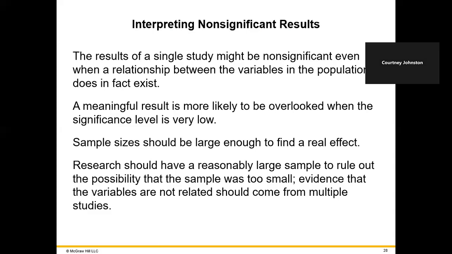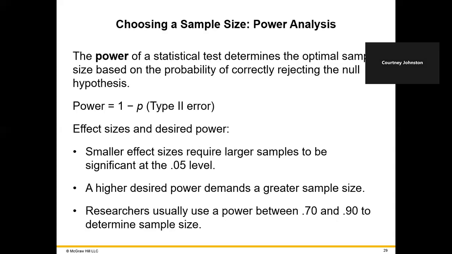So you might want a 0.05 significance level, so there's a little bit of wiggle room, and you also want a large sample size to rule out the possibility the sample is too small. Evidence that the variables are not related should come from multiple studies, again, replication, to find corroborating evidence of your results.